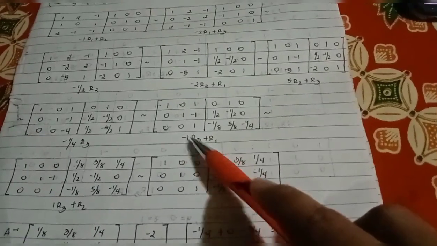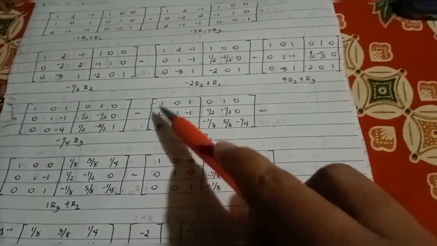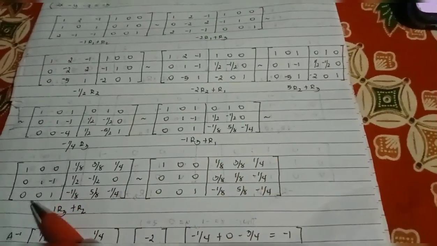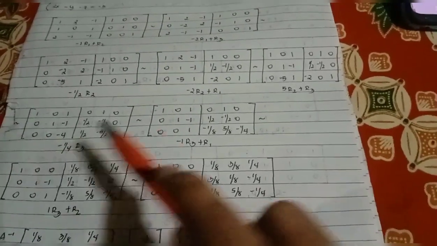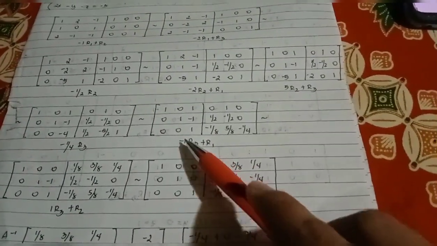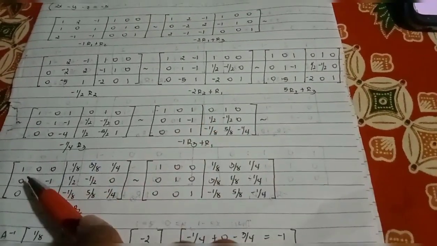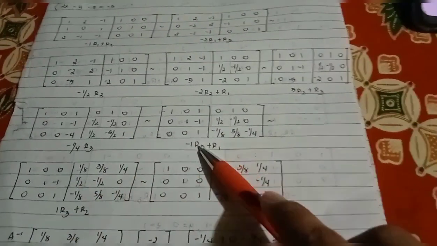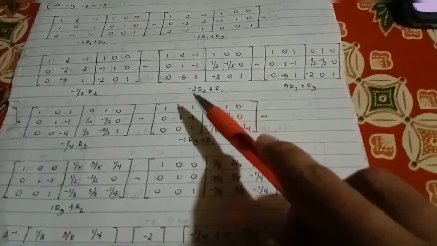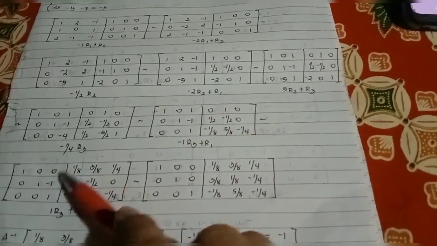So negative 1 times 0 plus 1 is equal to 1. Negative 1 times 0 plus 0 is equal to 0. Negative 1 times 1 plus 1 is equal to 0.